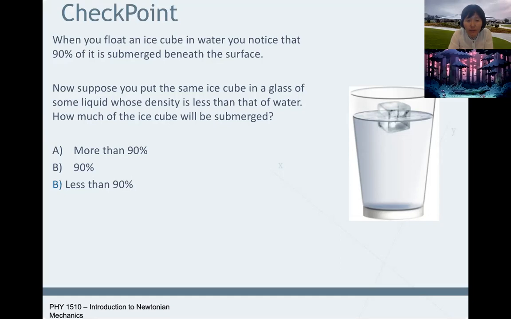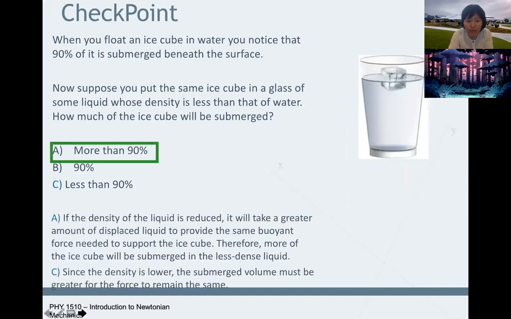So you can see that if it's in water, 90% of the ice cube is in water. So if something less dense, you need more than 90% of the volume in order to provide the same amount of force, right? So the answer would be A. That's the checkpoint question you have already seen.